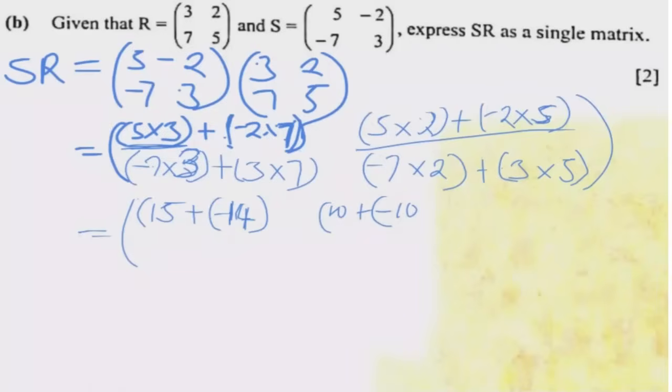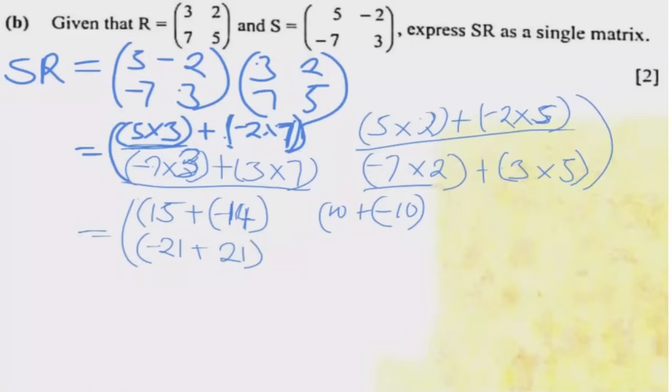Then on the second row, negative 7 times 3 will give me negative 21, plus 3 times 7 will give me 21, then close bracket.